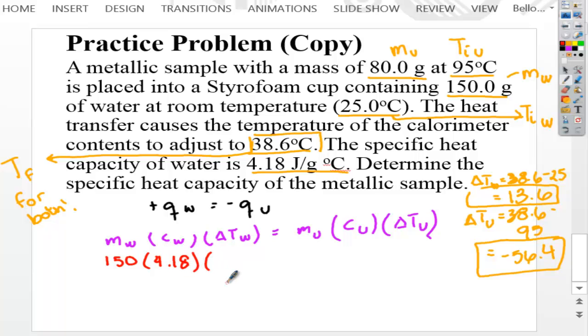Delta TW, 13.6. That's equal to mass of the unknown, 80 times the specific heat capacity, that's what we're looking for. And the delta TU is what? Negative 56.